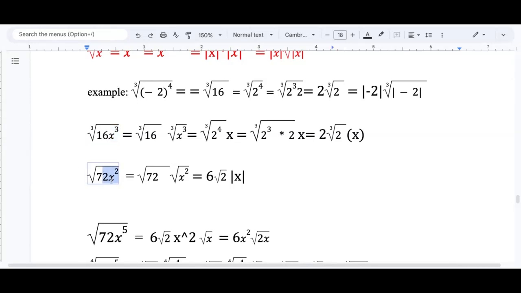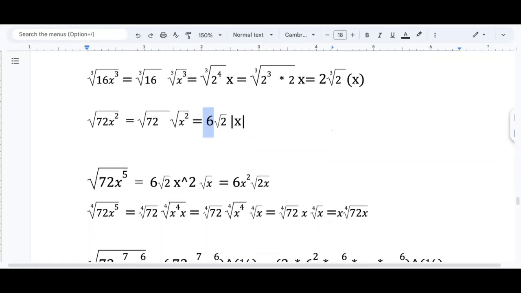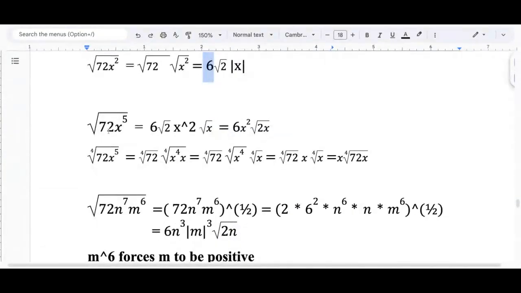Next one, 72x squared. 72 is 2 times 36. Square root of 36 is 6. So 6 radical 2, absolute value of x, right? Because again, the square will force x value to be positive. Next, 72x raised by 5. 72 is 36 times 2, so we have 6 radical 2, then x raised by 5.